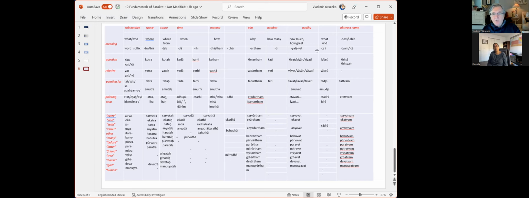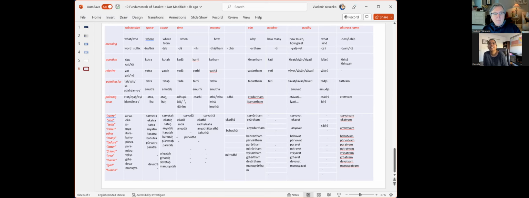If you know this one table, you can say that you know 50% of the Sanskrit language. This is the cheat sheet, is it? Kind of, yeah. But we have to understand how they build. Once we understand, it's very easy to use it. It's very regular. Sanskrit is a supremely regular language.